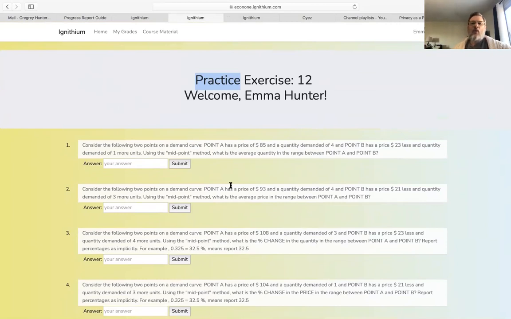Another word for elasticity is flexibility, right? But we use the word elasticity in economics. What we're really trying to get at is how responsive or flexible demand and supply are in response to changes in prices.